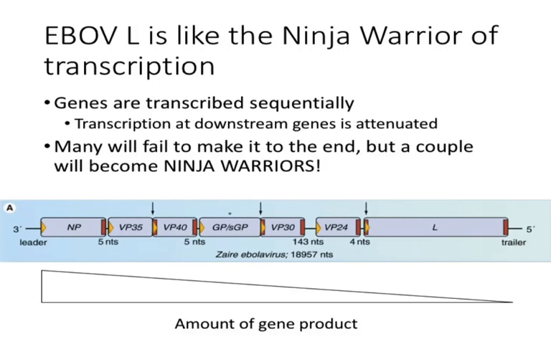Shania. So when say it's at the NP and it's at the end, and so it doesn't get kicked off, how does it cleave in between all of them? It doesn't actually cleave. What happens is it recognizes that transcriptional stop sequence. It'll lay down a string of A's, and then it just kind of stops. And to be honest, how it transitions from one to the next, I don't totally know. I don't know if anybody really understands that answer.